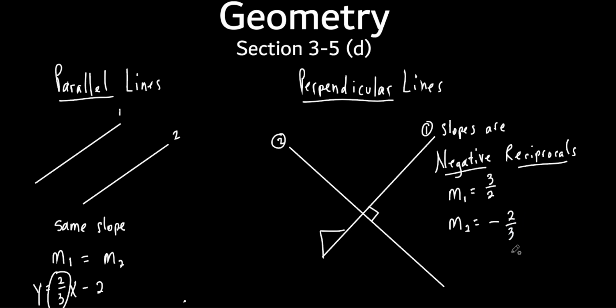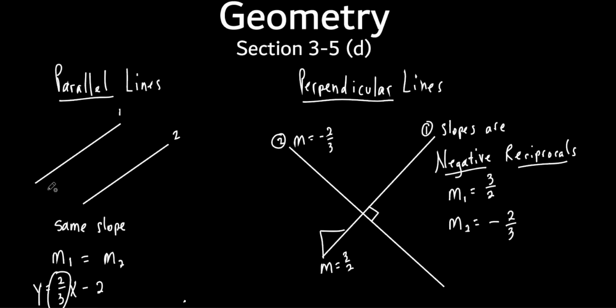Yeah, just 2/3 and a negative out in front. So if I know the slope of this line right here is 3/2, and I know they're perpendicular, then I can find the slope of the other one, which is what? -2/3. You see that?